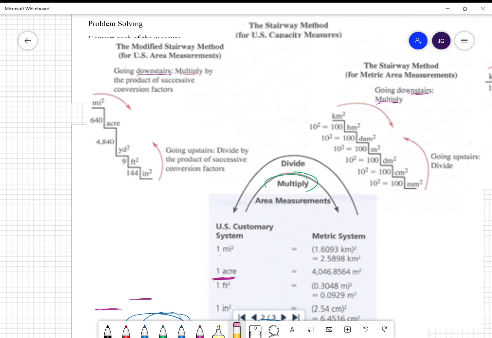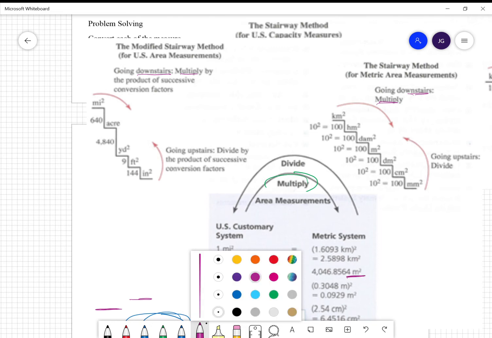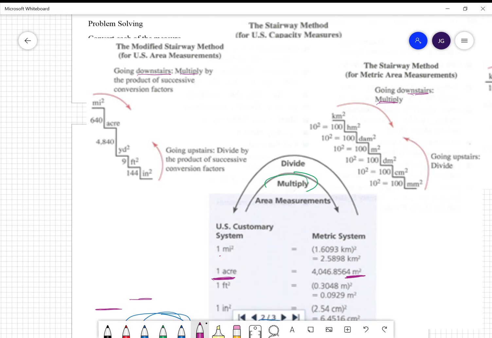So to get to acres, I have to be at square meters. Okay, square meters is here, but I'm starting at, where did my problem go?